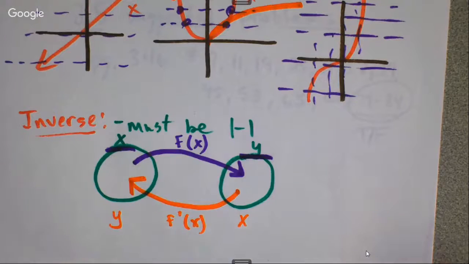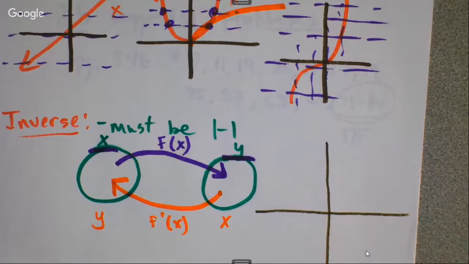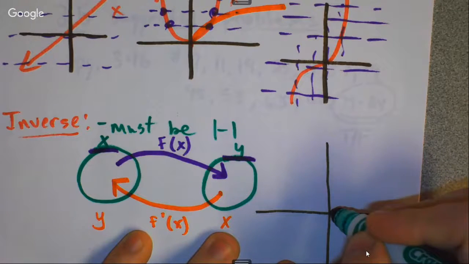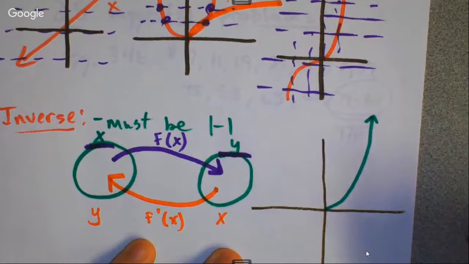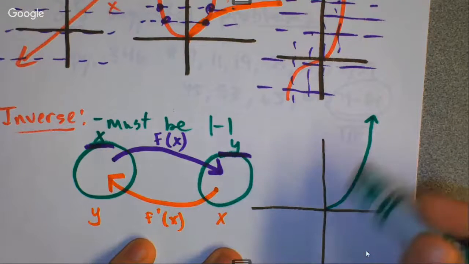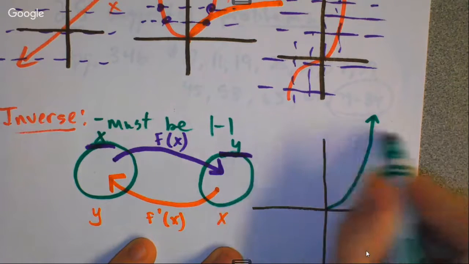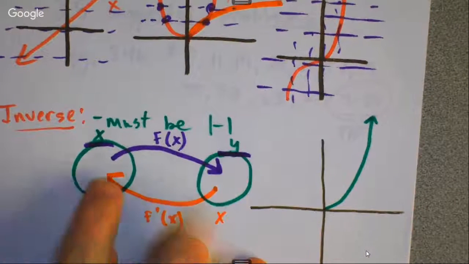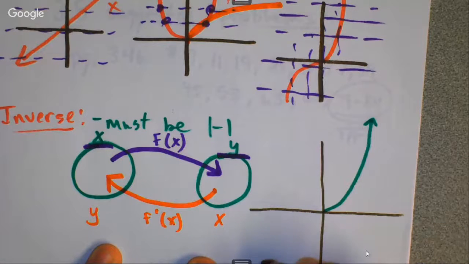Now graphically, what an inverse is: let's say we have this function right here. Well, is it one-to-one? Let's check the vertical line test. Yes, it's a function. Horizontal line test? Yes, it's one-to-one, so this does have an inverse. Because over here your x's and y's switch spots, the same thing is going to happen here.